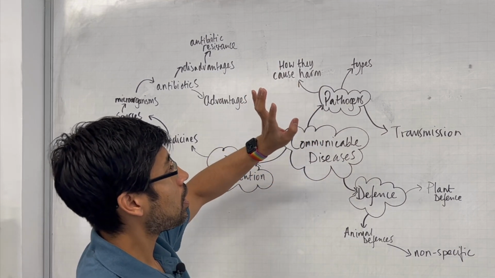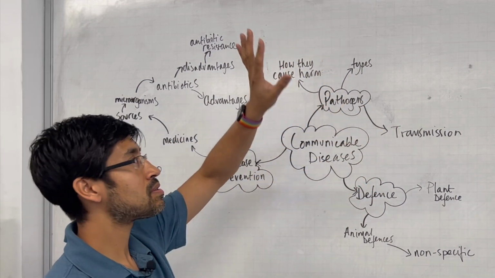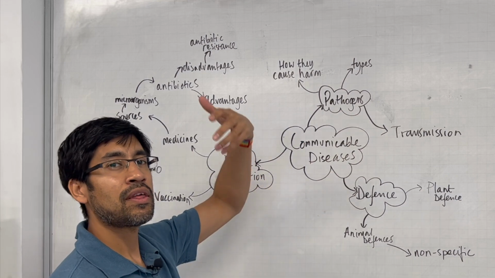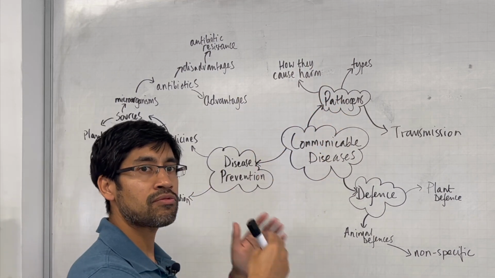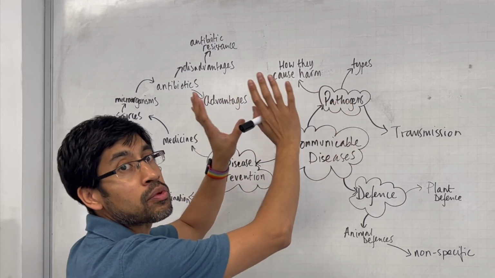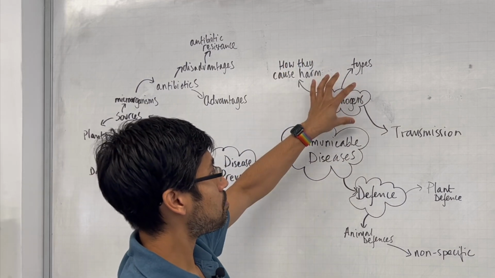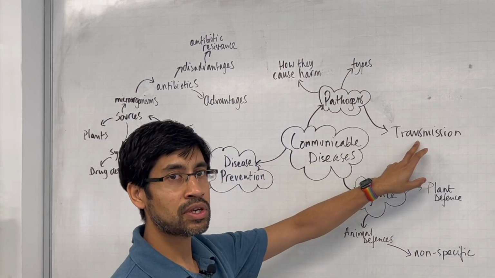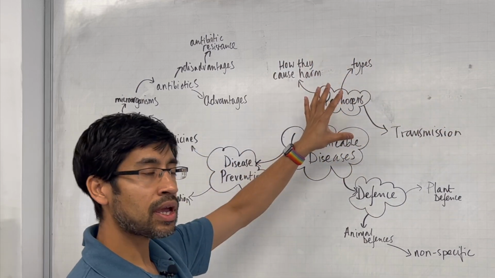In that we're talking about all the plant pathogens, the animal pathogens, the different types of pathogens, the virus, protists, bacteria, fungi, and those examples. In that one I've also included the transmission and the factors which affect transmission. So that's one big area.